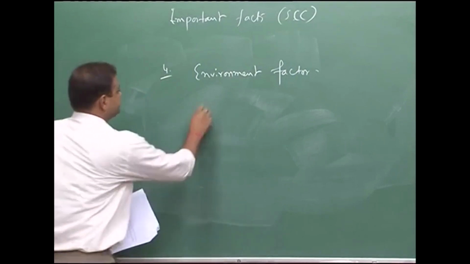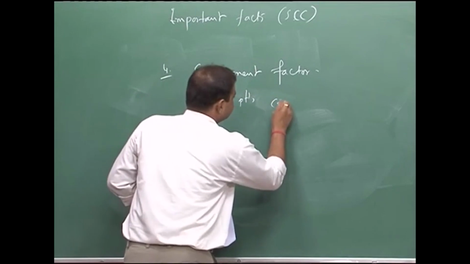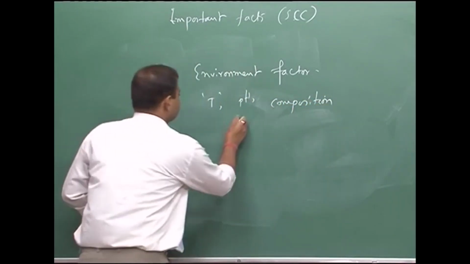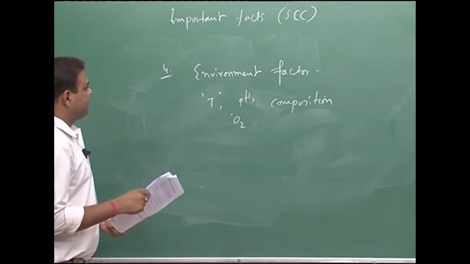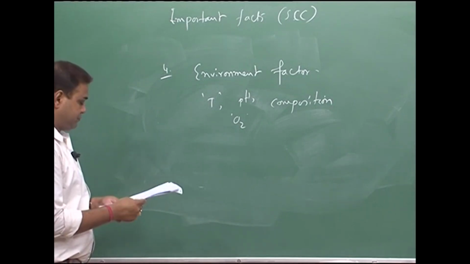Environment factors, for example, temperature, pH, composition, oxygen content, all of this can affect the SCC character of a particular metal or alloy.